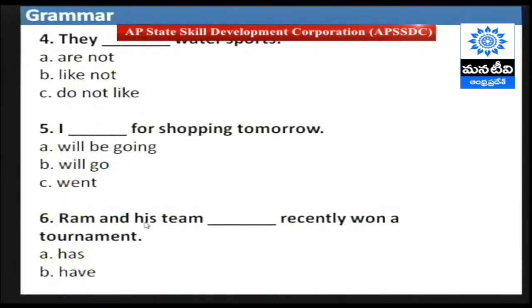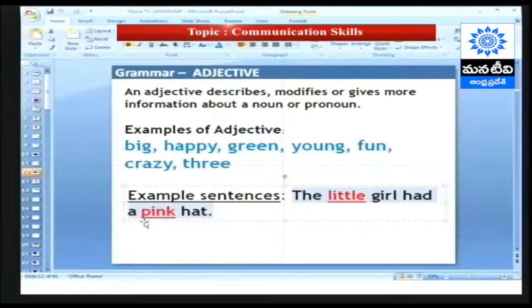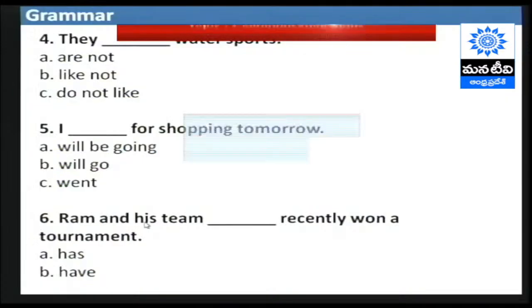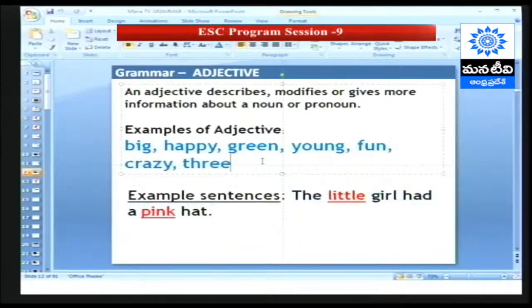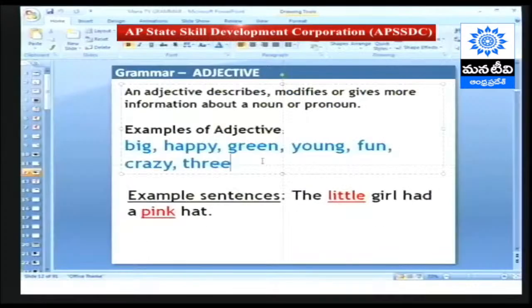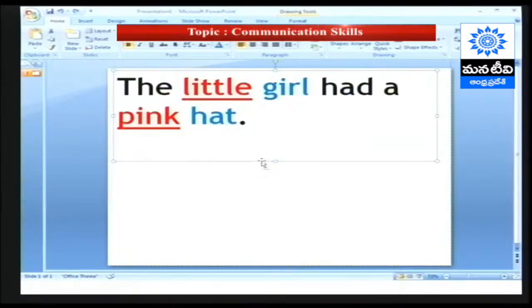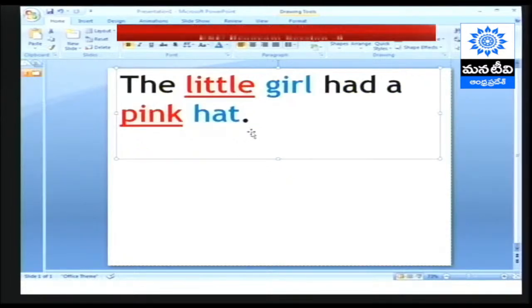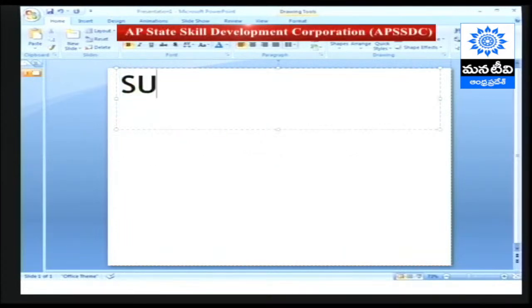Ram and his team, that's number 6. Ram and his team dash recently won a tournament. To answer this question correctly, you need to understand something called, now let me quickly explain this to you. I'm not sure how many of you have heard this particular term.